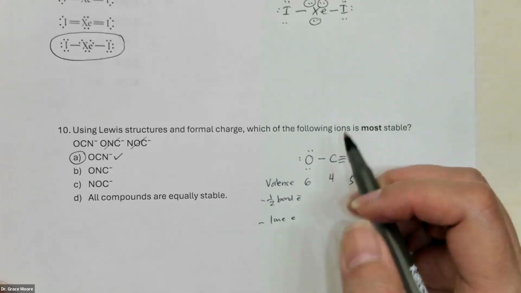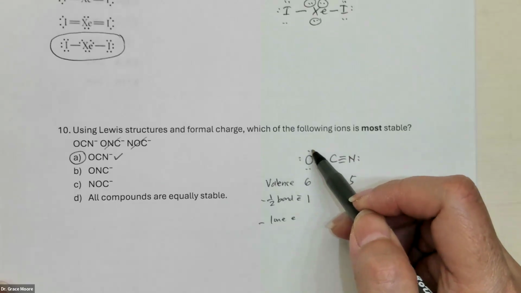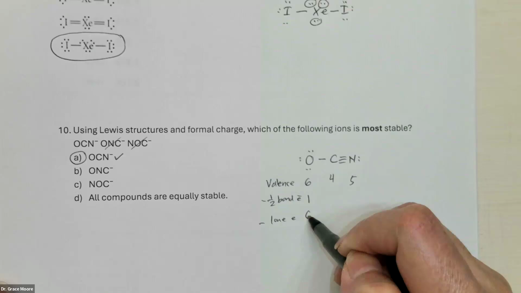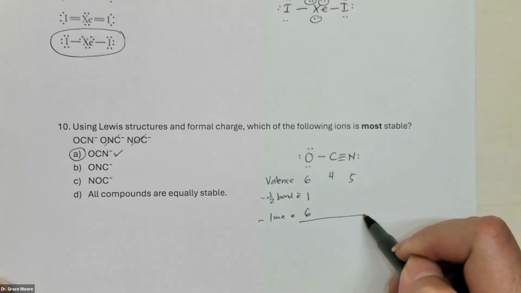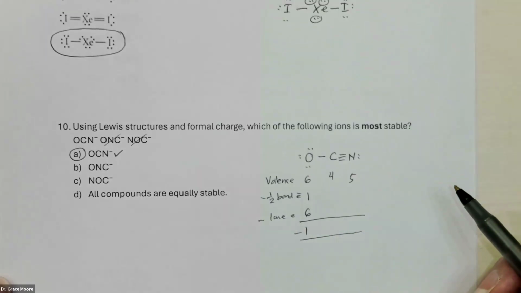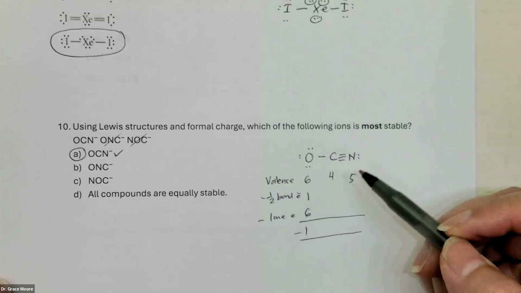I have 2 bonded, so half of that is just 1. And then lone electrons: 1, 2, 3, 4, 5, 6. We take half of the bonded, not the lone. So 6 minus 1 minus 6, you end up getting -1. This is good because we want to put the negative values on the most electronegative atom in the structure.